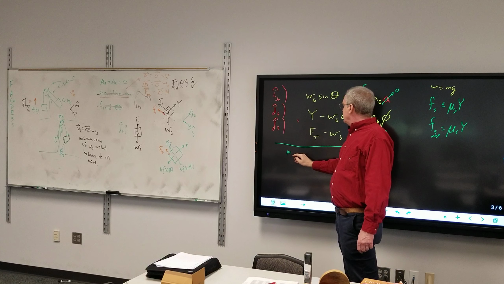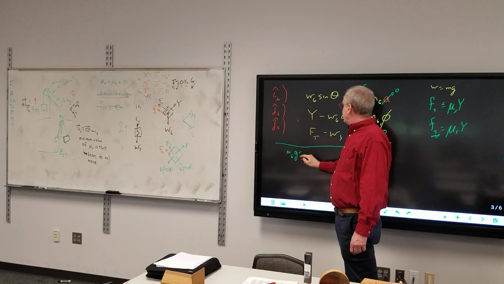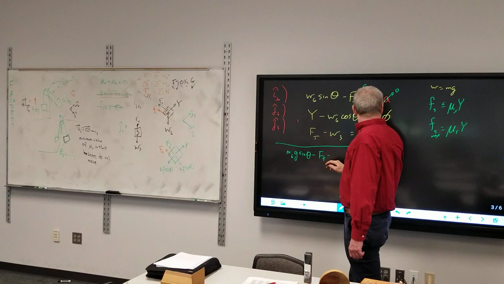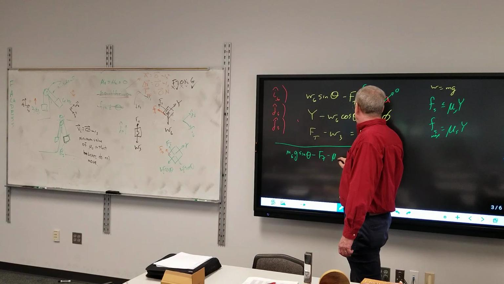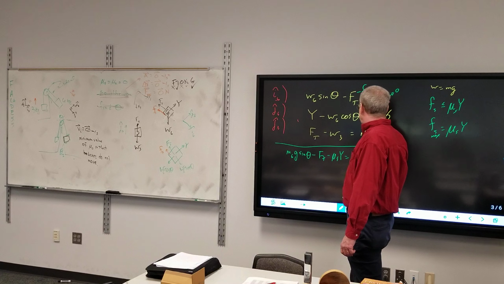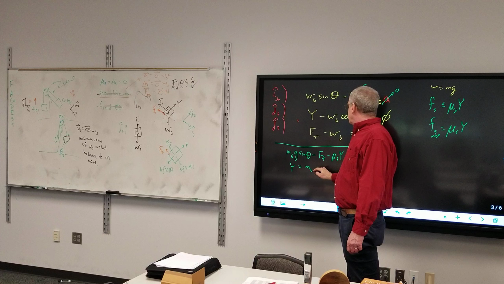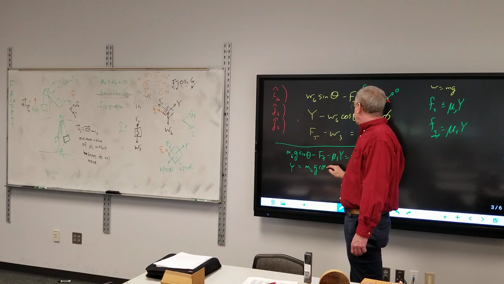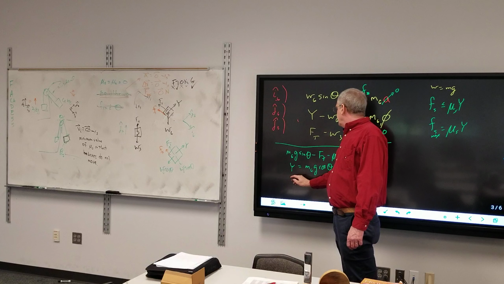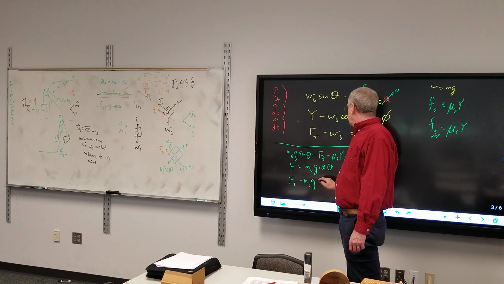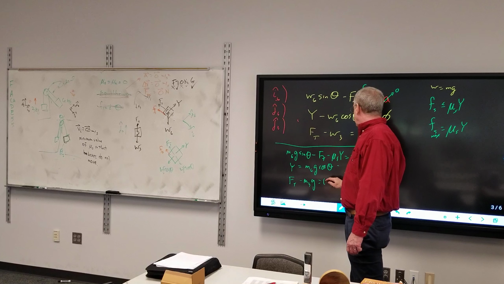So I have M6 g sine theta minus the tension minus mu s y is equal to 0. I have y equals M6 g cosine theta, and tension minus M3 g equals 0.